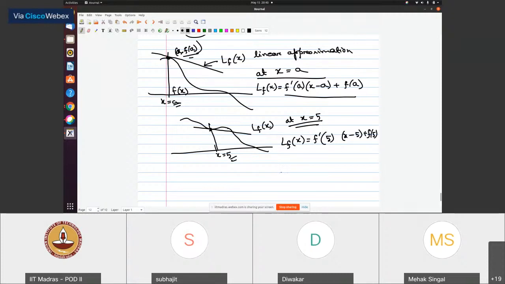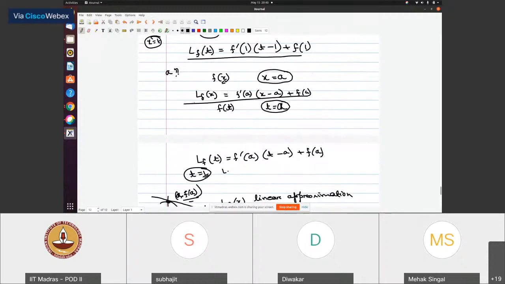Similarly here also, we have done the same thing. At t equal to a, this is my linear approximation. Now my a is 1. At t equal to 1, I have to calculate. So it is nothing but f dash 1 into t minus 1 plus f of 1. We have calculated f dash 1 and f of 1.